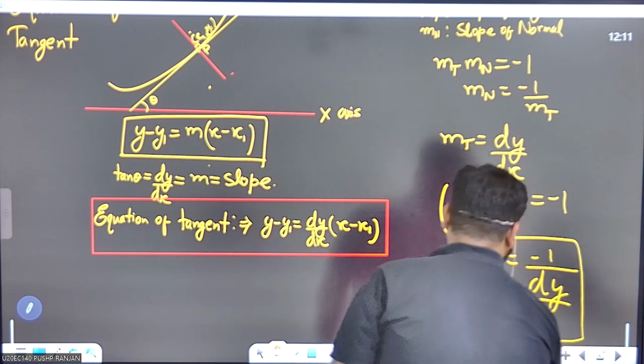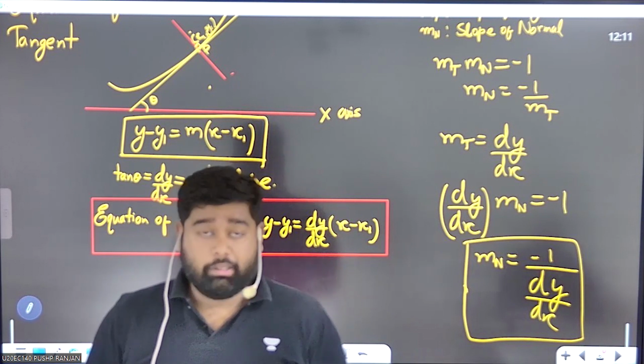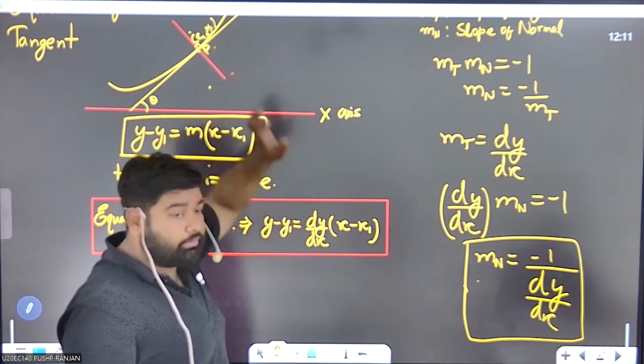Okay. So we can write the equation of normal also. We have the slope and we already have the point.